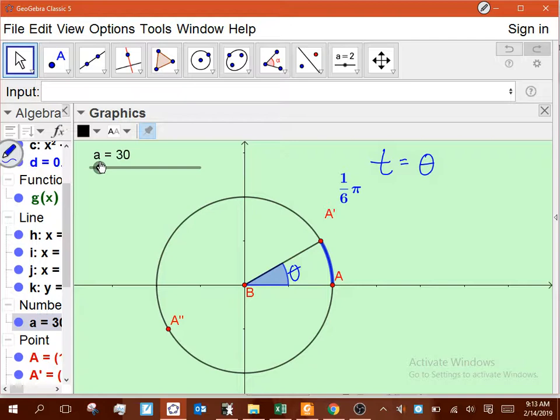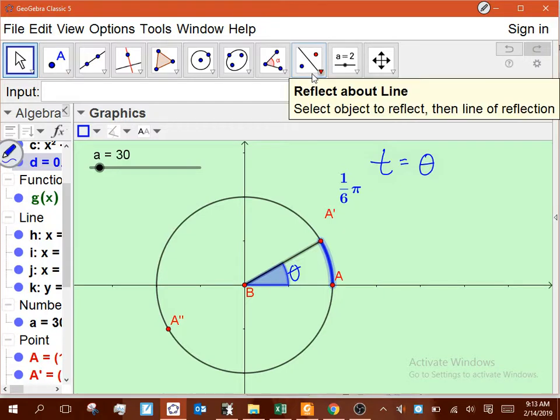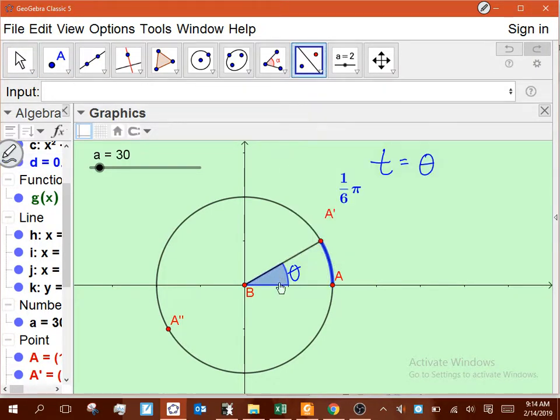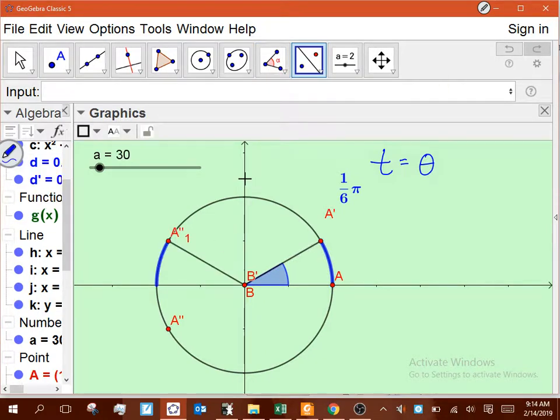If I look at that A prime and we figure out what its ordered pair is, if I take that information, that angle, that segment, that arc, and I reflect them across the y-axis, are A prime and A double prime sub 1 going to have very similar ordered pairs?